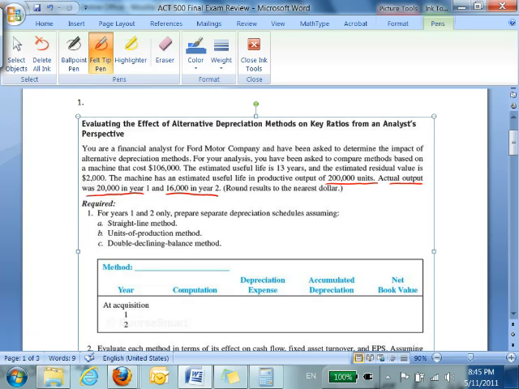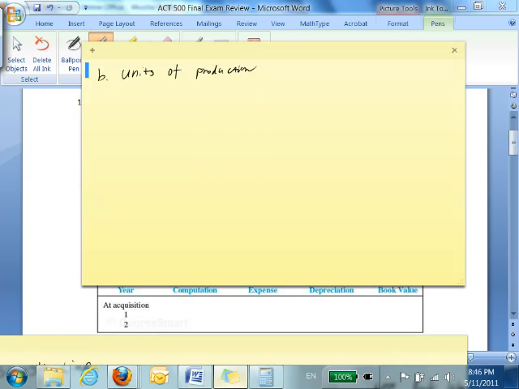So the units of production depreciation method means that the more production, the higher the depreciation cost, because the machine is used more. Under this rationale, we have this units of production depreciation method. Continue to take a look at year 1, year 2.